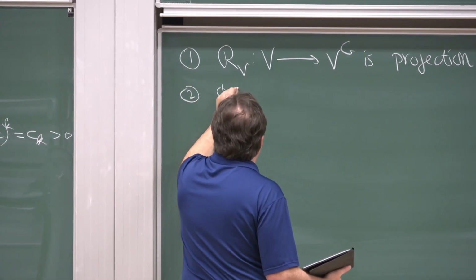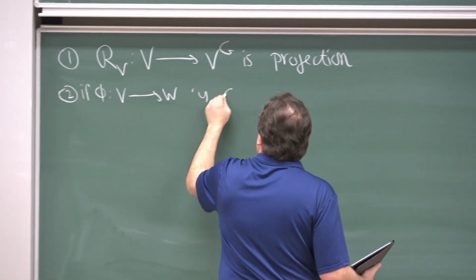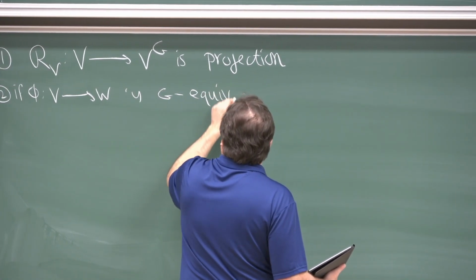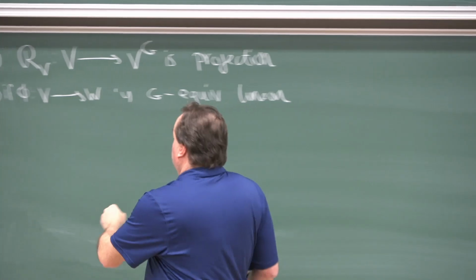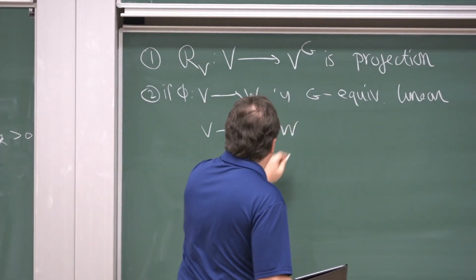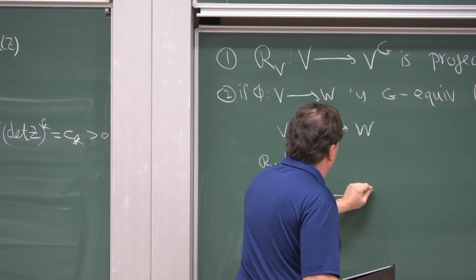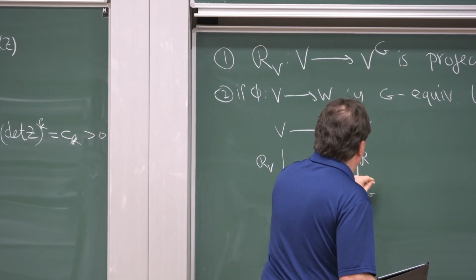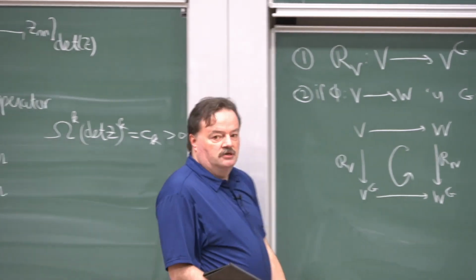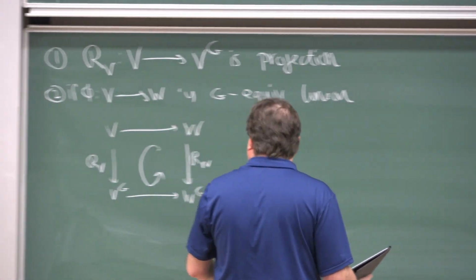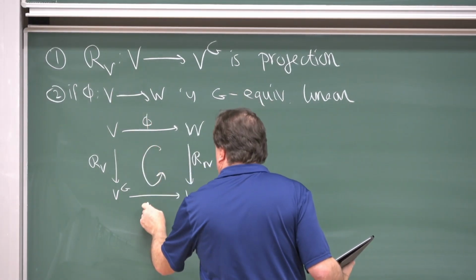Also, if phi is a G-equivariant linear map, then we have this commuting diagram. So this diagram commutes. Here this is phi, and this is the restriction of phi.